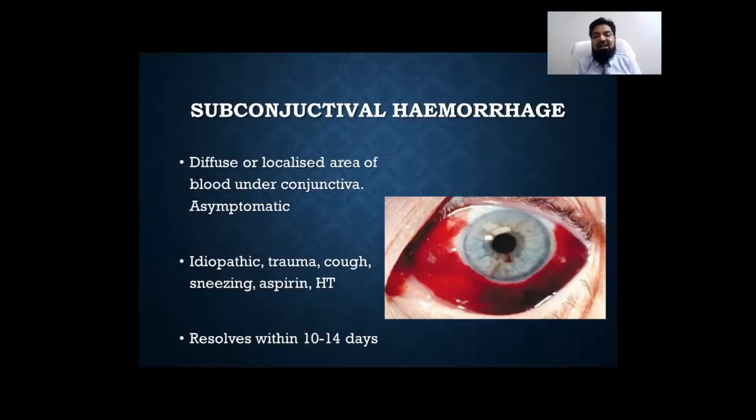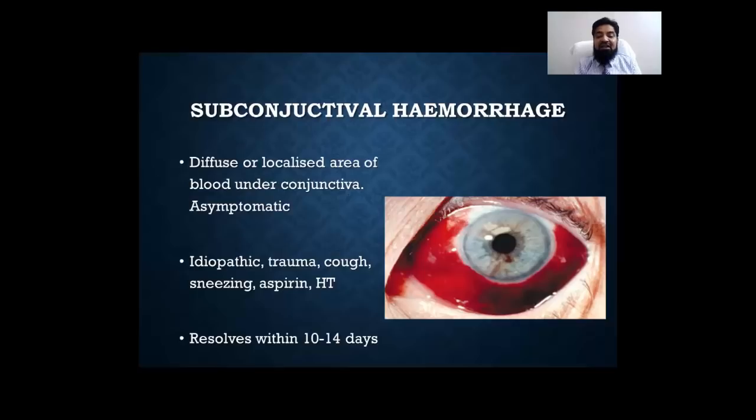If you look at this slide, it shows a red color in the conjunctiva in the inferior, temporal and nasal part. Usually when a patient comes with this complaint, we tell him that it is a subconjunctival hemorrhage, and the cause can be trauma, cough and sneezing, sometimes the hot season, sometimes the patient has raised blood pressure, hypertension.